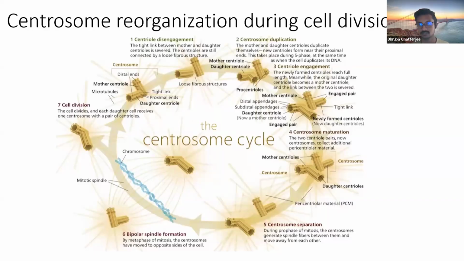And then, as we have already seen, the spindle fibers consisting of the microtubules get attached to the kinetochore of the condensed chromosomes, and eventually the coordinated action of motor proteins as well as microtubules and microtubule polymerizing, depolymerizing enzymes leads to the segregation of the sister chromatids to two ends.